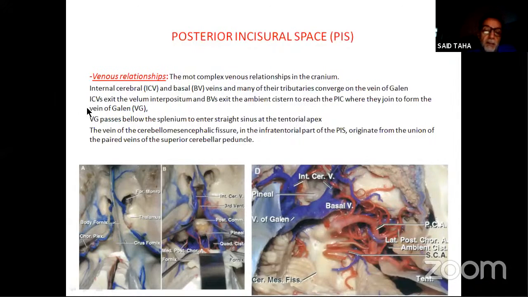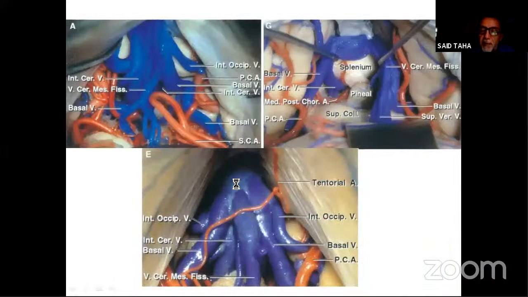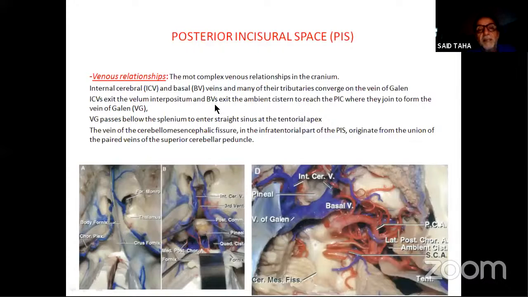The anterior cerebral vein exits the velum interpositum and the basal vein exits the ambient cistern to reach the posterior incisural space, where they join the vein of Galen. They pass below the splenium to enter the straight sinus at the apex of the tentorium.